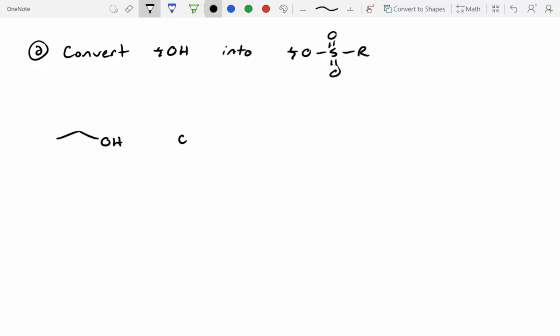So for this one, I'll show you guys one of my favorite reagents. This is called tosyl chloride. And usually this is abbreviated TsCl. So if you don't want to write out the whole name, or if you don't want to draw it all out, you can just write TsCl.